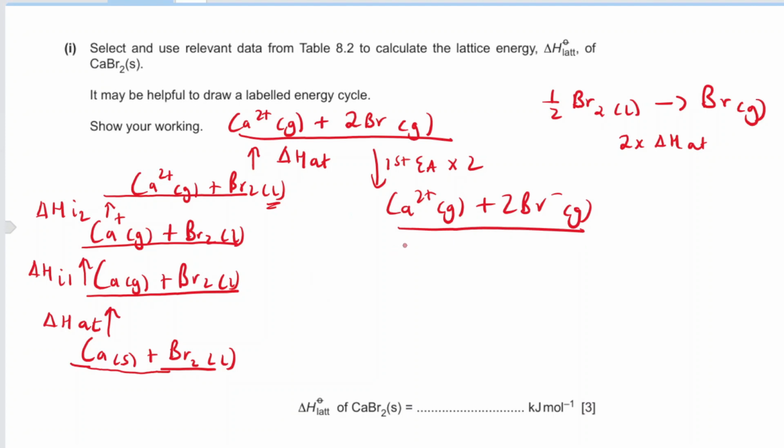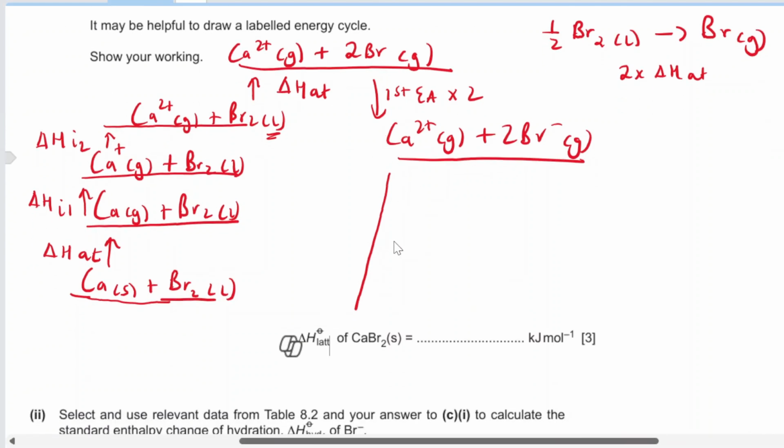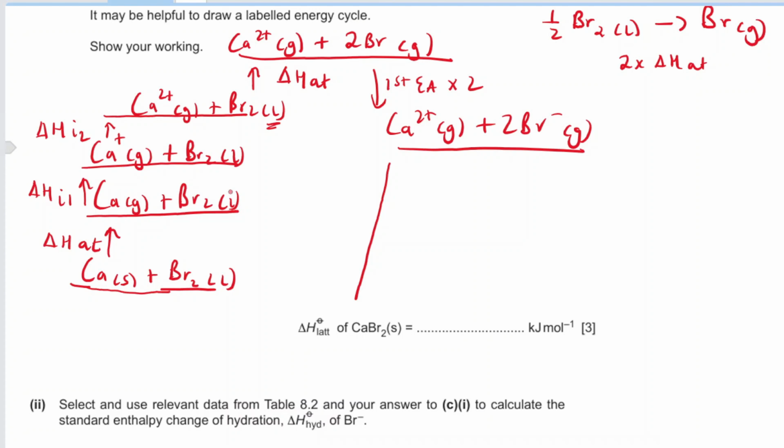Now lastly, this gas has to go into the main solid, which will be CaBr2 as a solid. I don't have much space here, but this is what it will form, CaBr2 as a solid. This will be your final thing, and this will be your lattice energy.